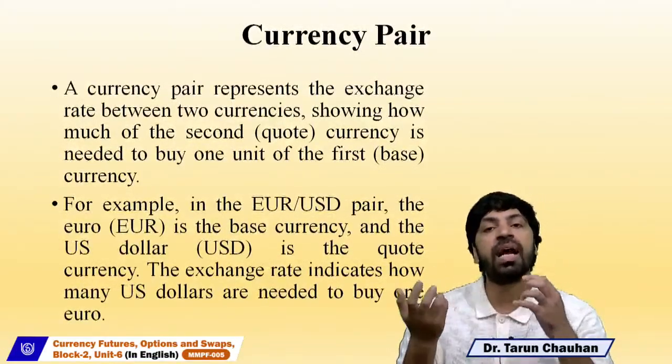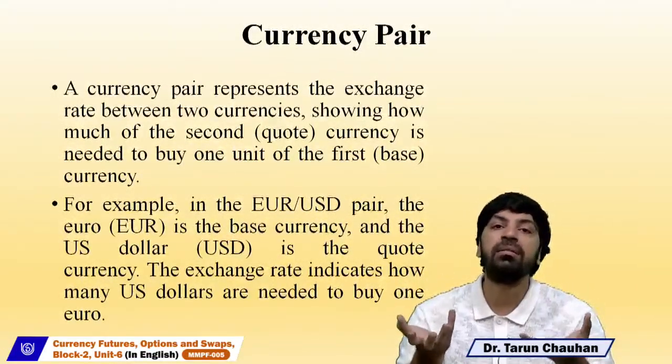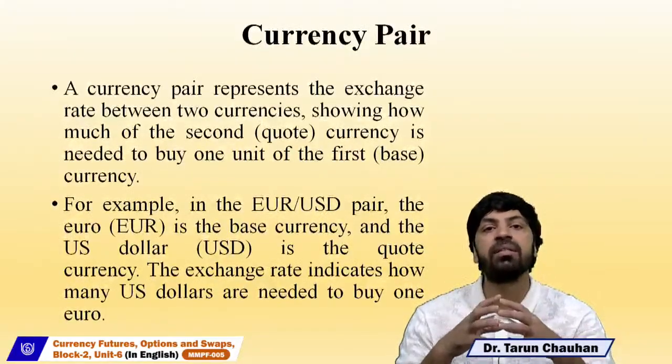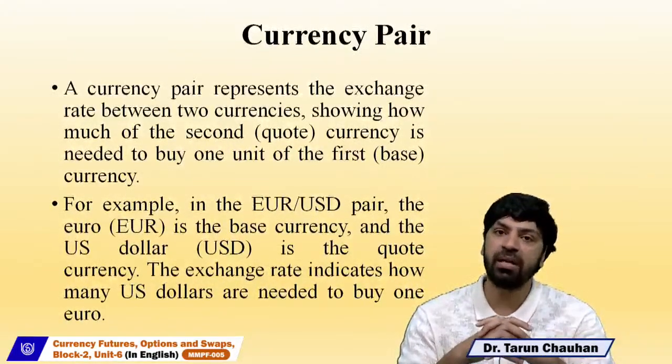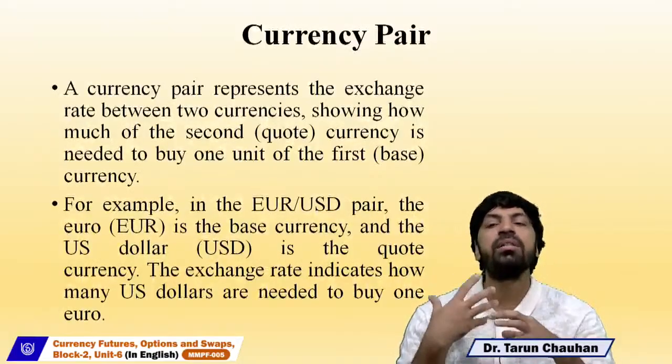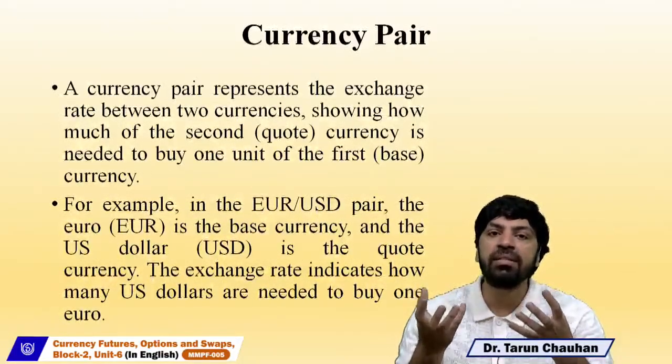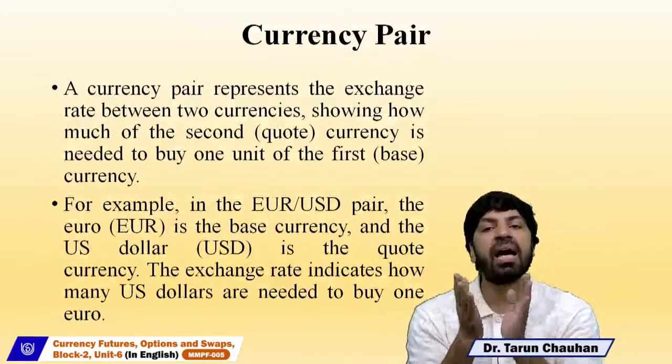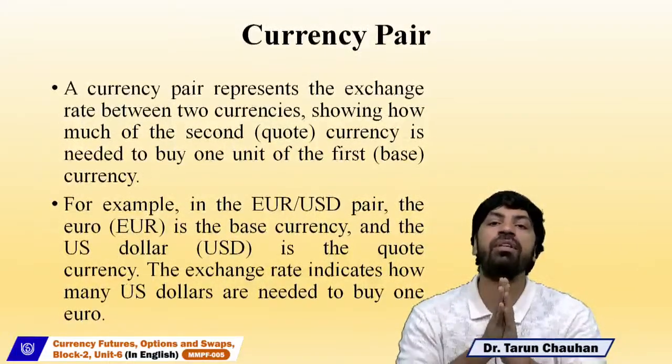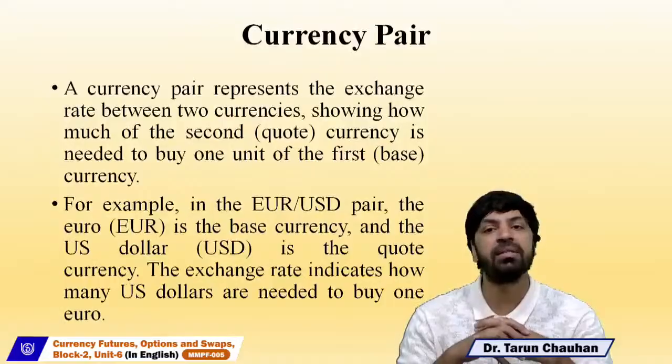Now the question arises: what is a currency pair? A currency pair represents the exchange rate between two currencies, showing how much of the second, that is the quote currency, is needed to buy one unit of the first, which is called the base currency.